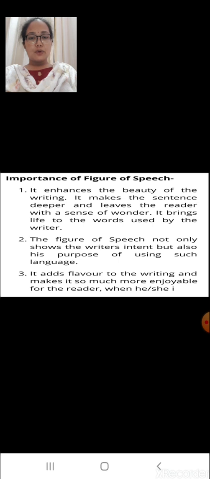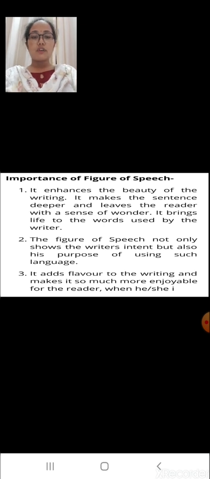The second importance is the figure of speech not only shows the writer's intent but also his purpose of using such language. The third one is it adds flavor to the writing and makes it so much more enjoyable for the reader when he or she reads it.